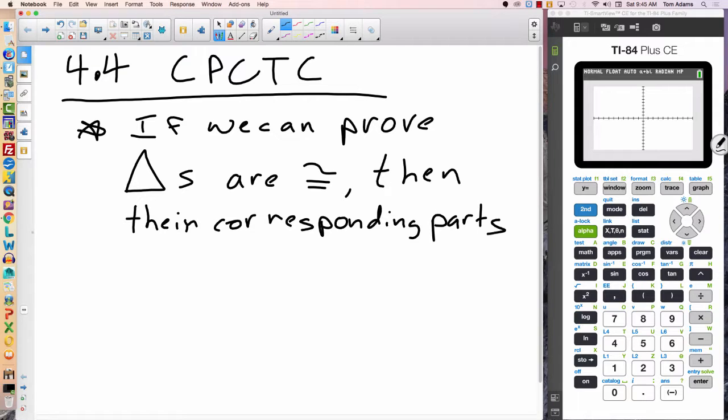I think I mispronounced that: corresponding parts are congruent. So this is corresponding parts of congruent triangles are congruent.